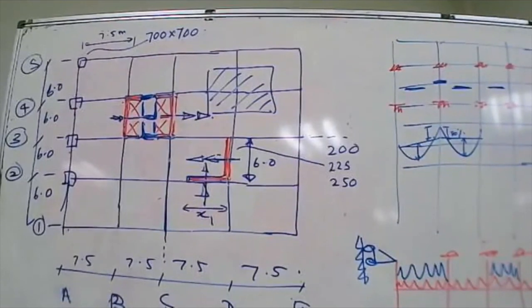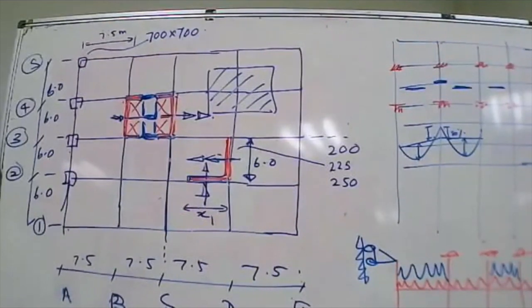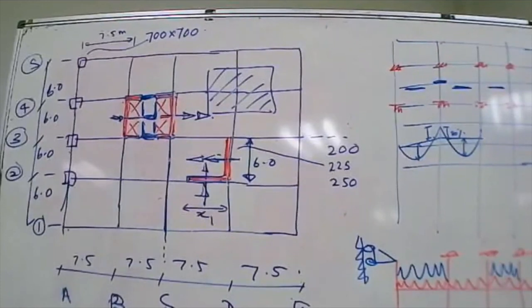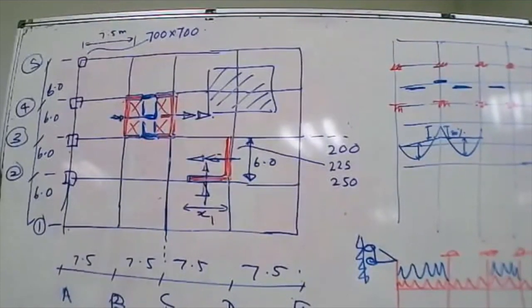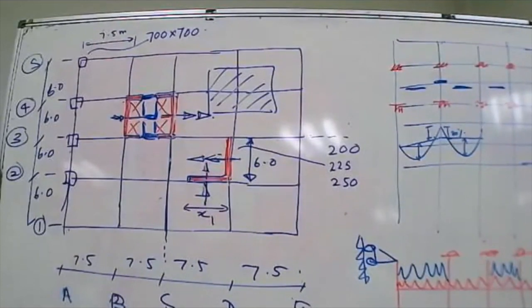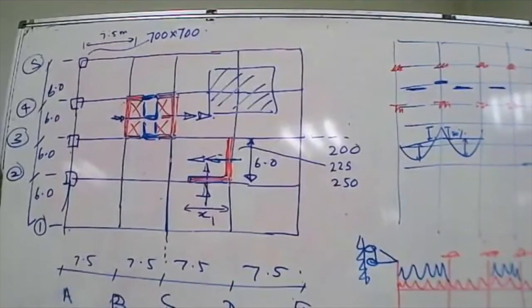So with that, shall we conclude? Sir, can you reduce the column section in the top floors? Again, in a 10-story building, I might not do it. But with a 20 or 30-story building, certainly yes.